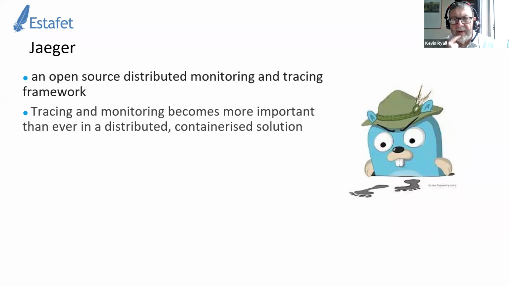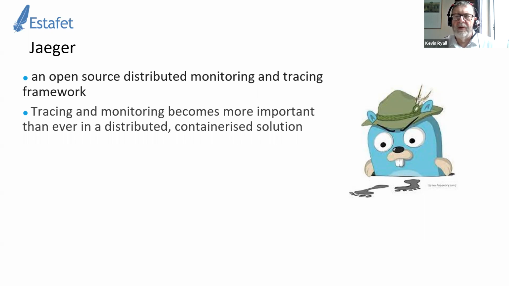The other important thing which is useful in a CI/CD type approach is the ability to monitor. Particularly when you're using a distributed containerized architecture with microservices, tracing and monitoring becomes very important, because you've got small chunks of code running in containers, but they are communicating with each other.